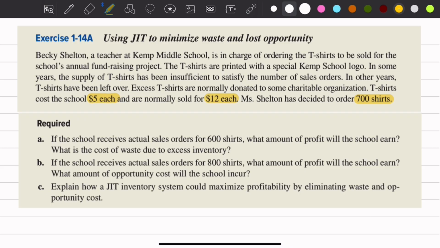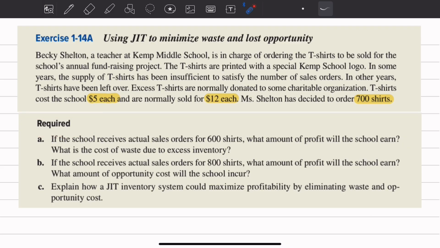For example, if they order 500 t-shirts but they receive orders for 700, there's some opportunity cost there. And in some years they order so many t-shirts that they don't receive enough orders to sell all of the t-shirts. So in that case they have to donate the leftover t-shirts to some charitable organization. Okay? So what is required?